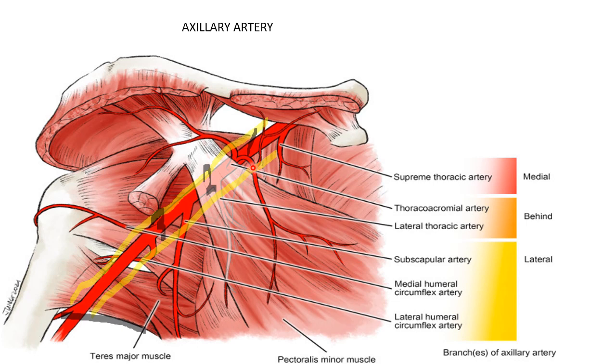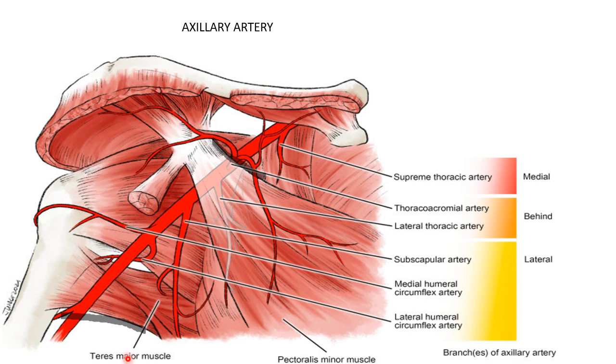So the first part of the axillary artery, okay, let me just remove this ink. So the first part of the axillary artery is running from the lateral margin of the first rib until the superior border of the pectoralis minor muscle there. So that's where the first part of the axillary artery ends.